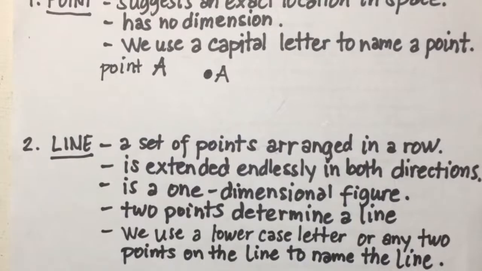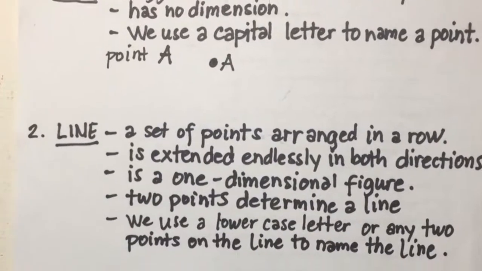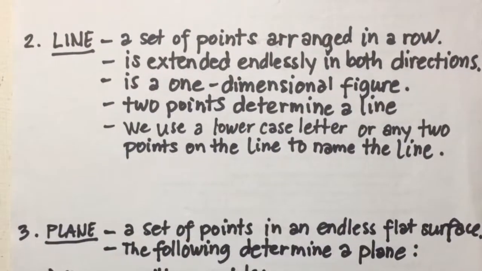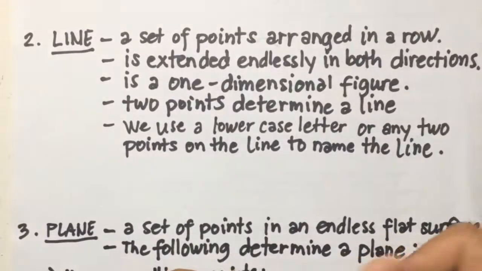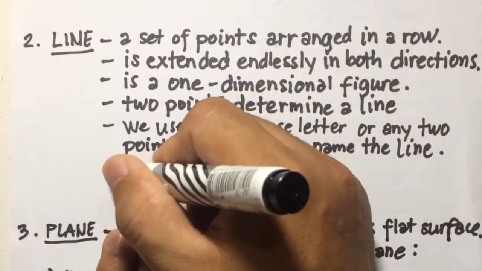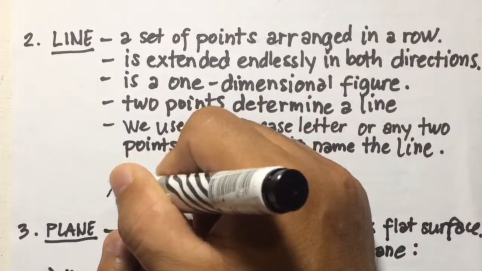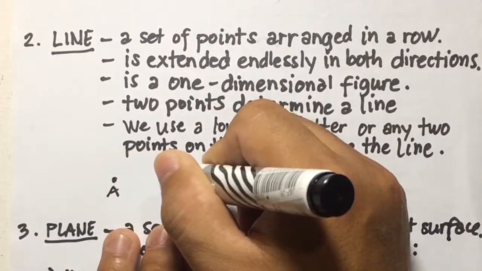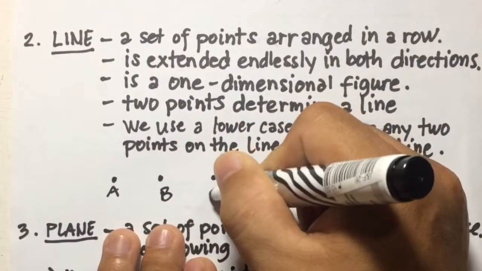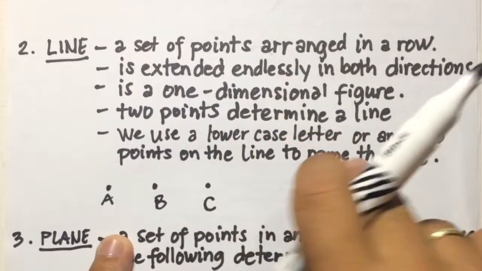Then second is line. So a line is a set of points arranged in a row. So if we're going to have a set of points here, for example, let's have point A, then B, and C. We can determine a line using these points.